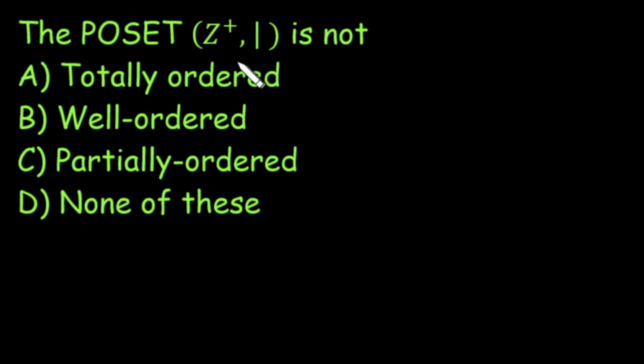The next question is about the set of positive integers with the divides relation. So here this is the set of positive integers that starts from 1, 2 and continues, and this relation is divides. We need to check whether this is a totally ordered set or not.